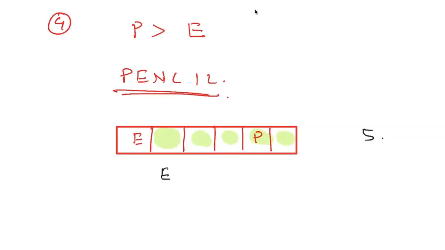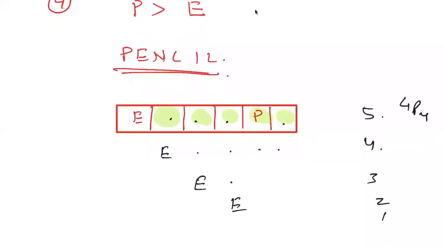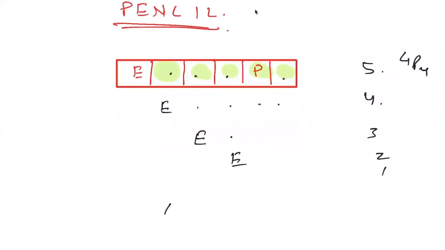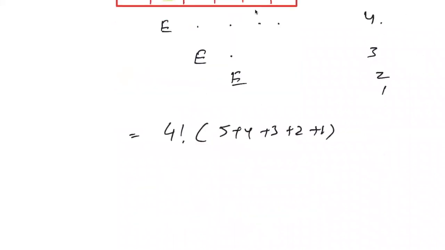If E is here, then 1, 2, 3, 4, four possible. E there, 1, 2, 3 positions. E there, then 2 positions, and E here, then 1 position, right? But 1, 2, 3, 4, right? 4P4 we are getting in each and every case, so factorial 4 for all the cases, and 5 plus 4 plus 3 plus 2 plus 1, right? So this will be 5 into 4 by 2, like that we are getting the answer.